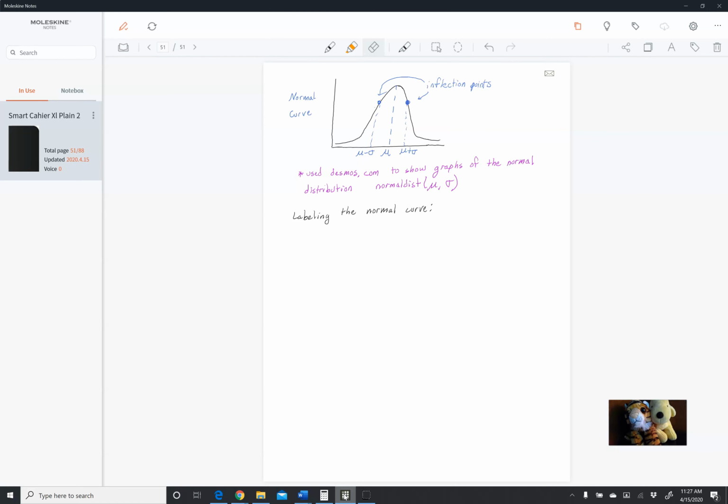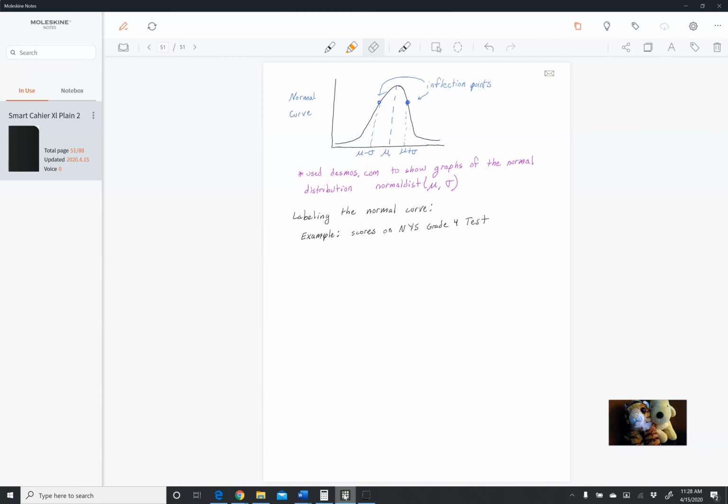Okay, so let's take an example. Again, this is just two different ways of labeling the normal curve. Let's say that we're talking about the scores on a New York State grade 4 test.